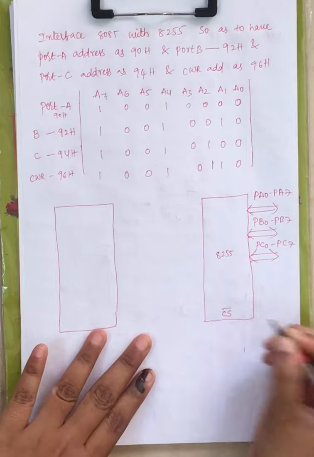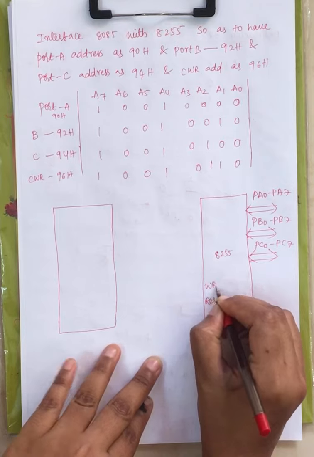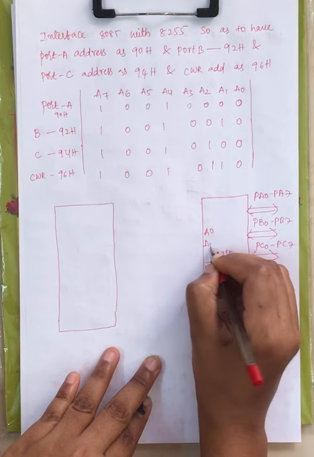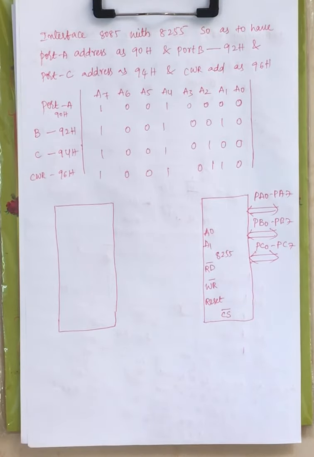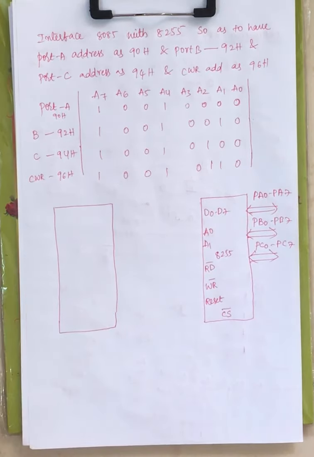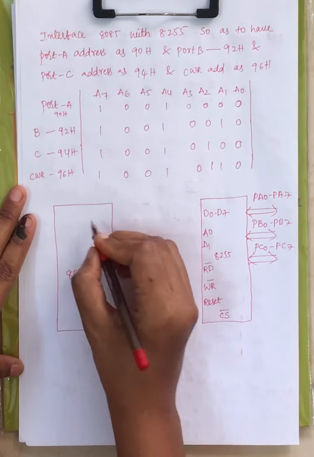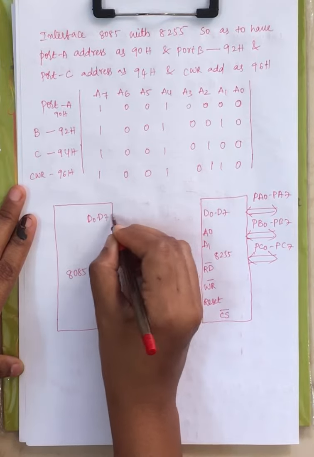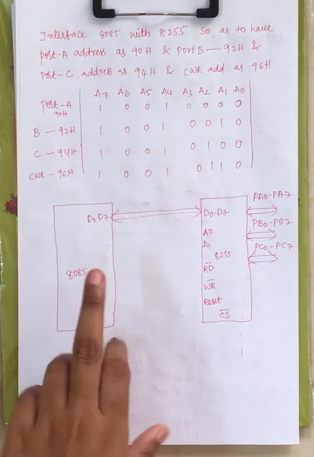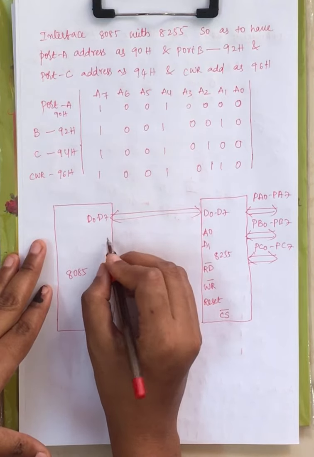And next we have the chip select pin, the reset pin, the write signal, the read signal, and address lines A0 and A1, and the data bus buffer, D0 to D7, right? Now represent under 8085. D0 to D7 of 8085 is connected to D0 to D7 of 8255, right? Now what is A1?